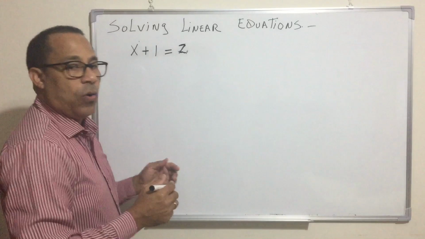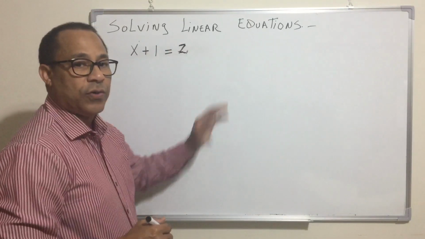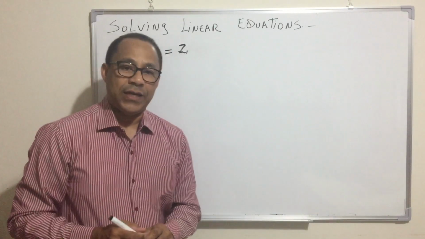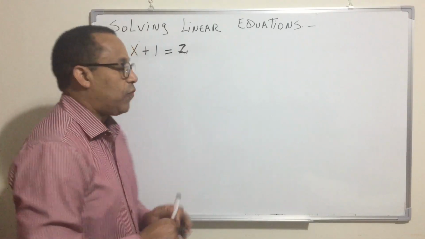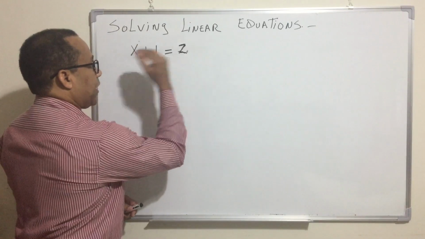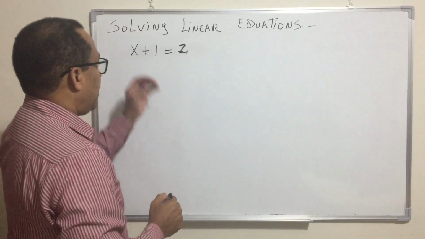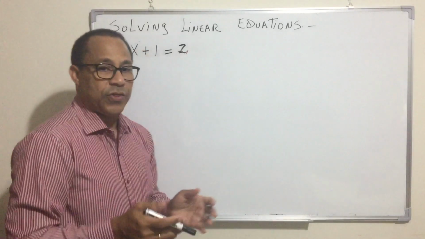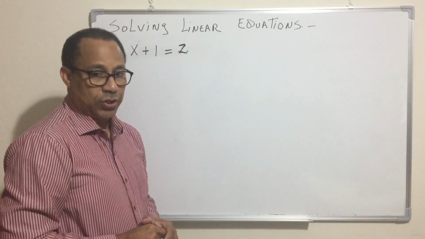How do we move one term from one side to another? Well, in order to move one term from one side to the other, it has to go with the opposite of the operation.